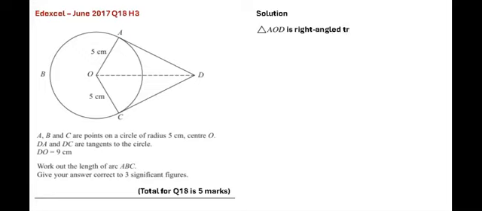Now, we can find one of the angles, AOD or COD, because they are equal. So we can find the whole angle, and that angle, so we'll take one of the triangles to find.